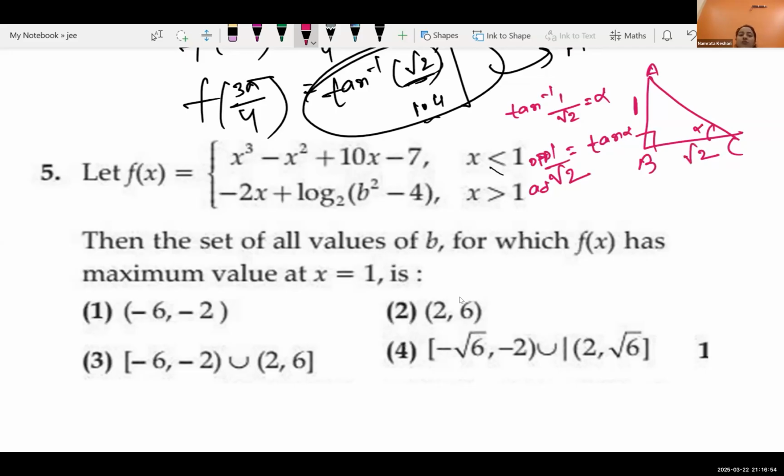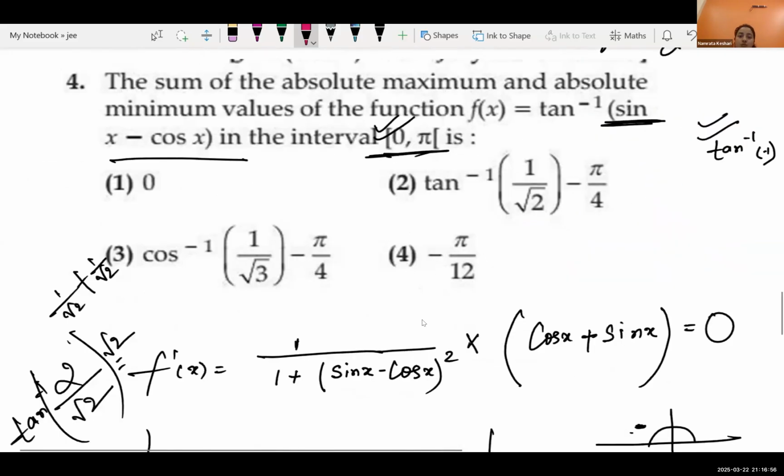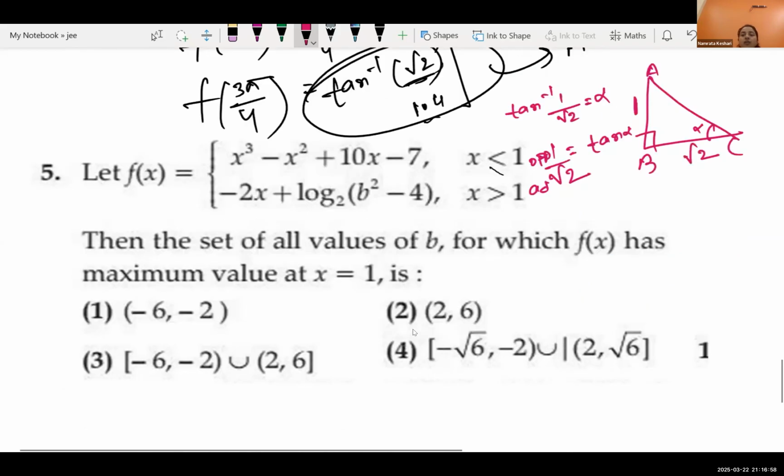And one of the options has cos also, so we are just trying to check. So cos alpha can be written as adjacent over hypotenuse. Hypotenuse will be root of 2 plus 1, which is root 3.